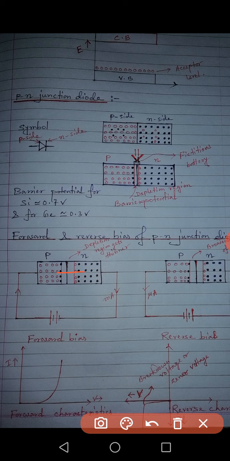Okay, and similarly the electrons present in n side will be pushed by the negative side of the battery into p side. So there will be a movement of charge now, and if movement of charge takes place, then there will be current also in the circuit. So how will the current flow? Since holes are going this way, current will be like this only, no? Holes are the positive charge carrier.